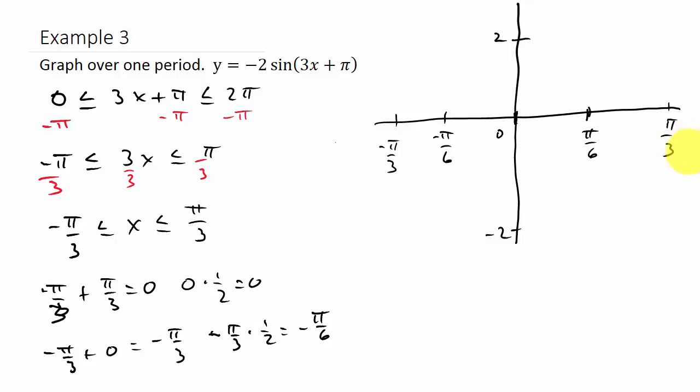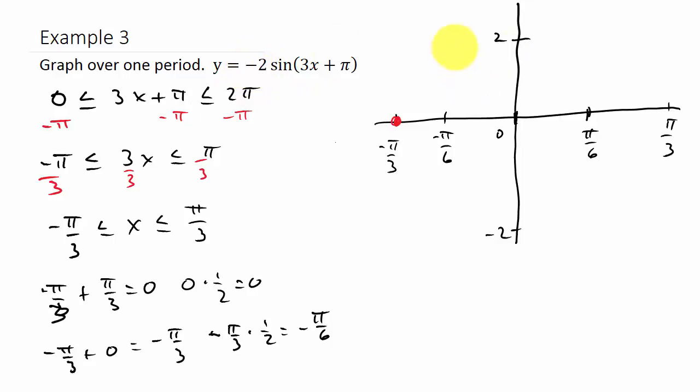Okay. Now, here we have a negative 2 in front. Okay. Well, sine starts out at 0. Okay, so that's fine there. Let's start out at 0, and then it goes to its maximum. But notice we have the negative in front.